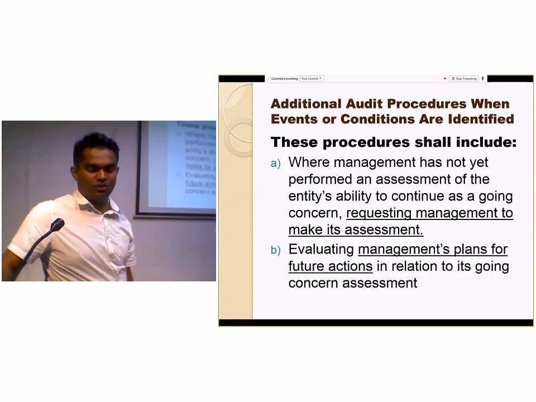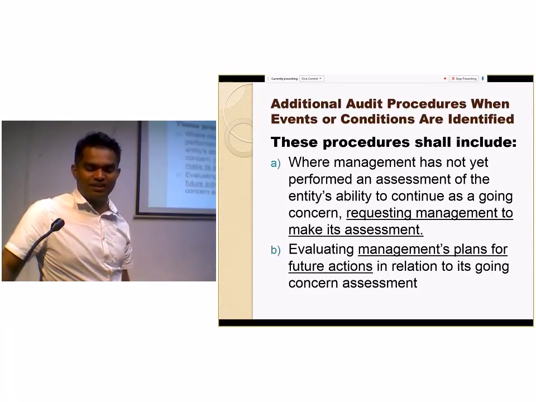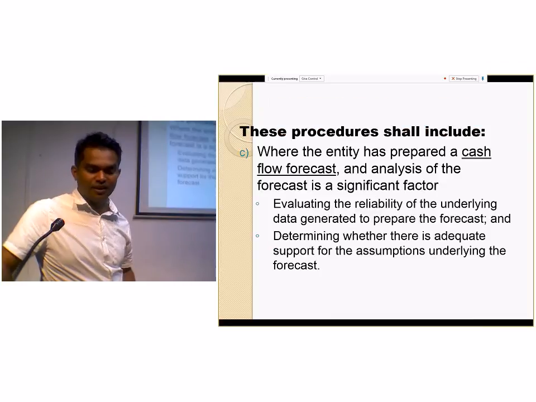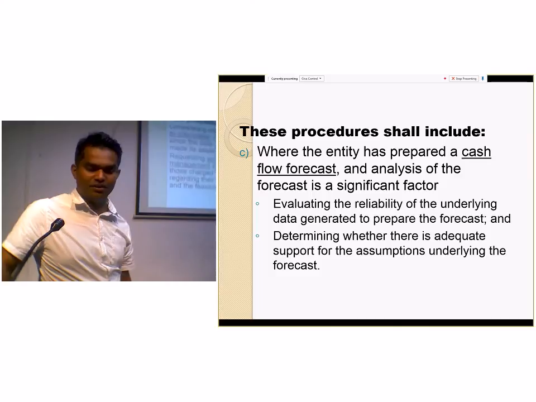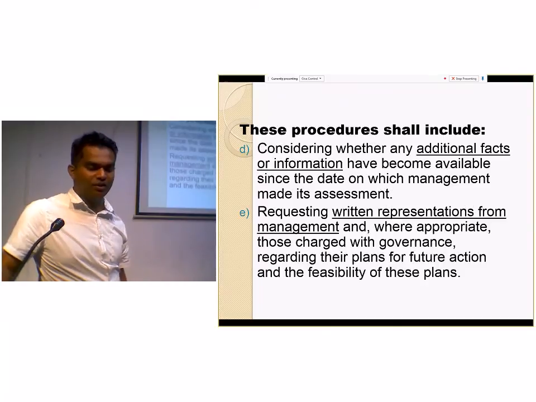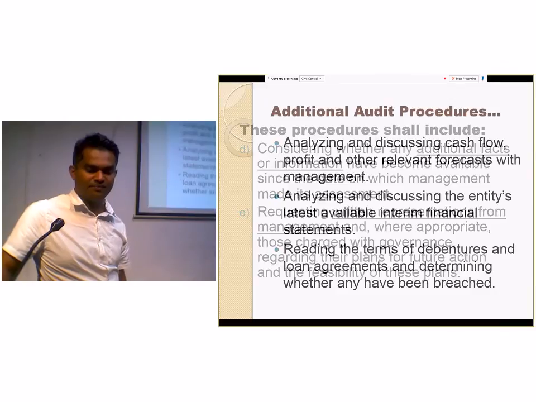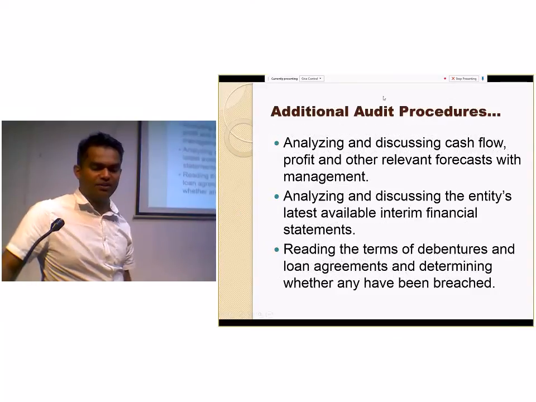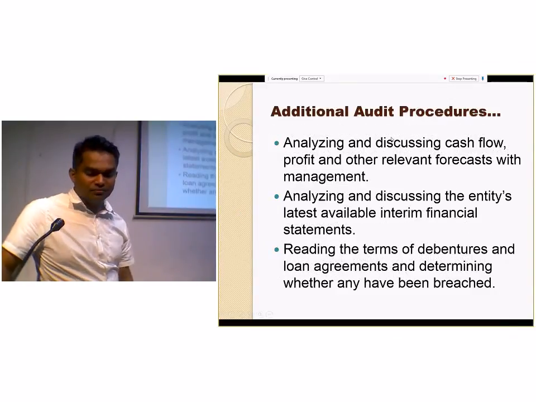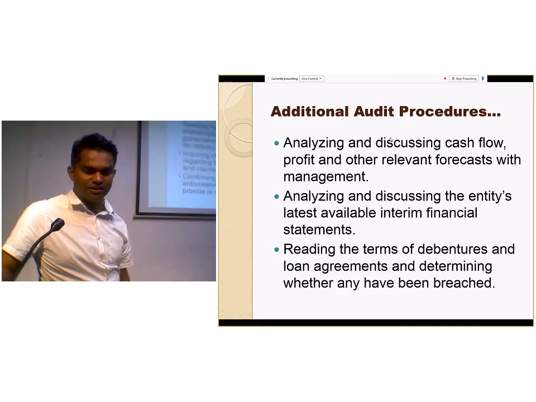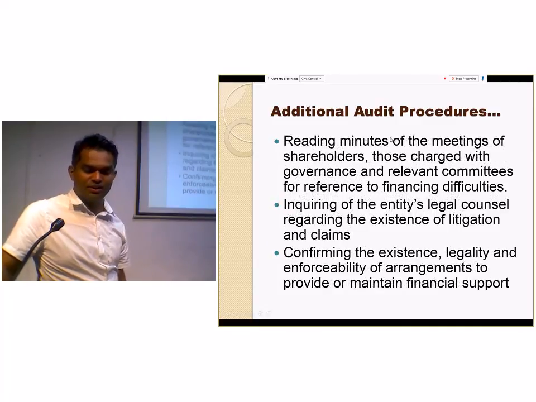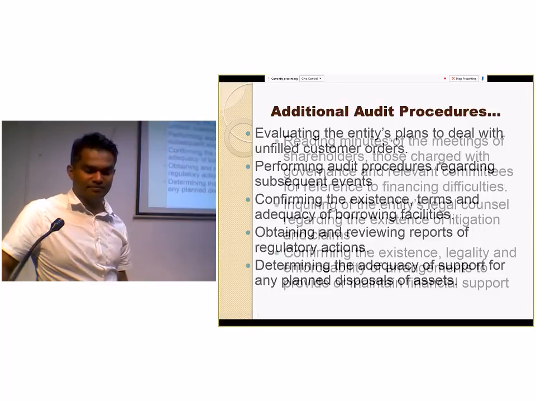You want to evaluate management's plan for future actions in relation to the going concern assessment: cash flow forecast, profitability forecast, or whatever documents you can look into regarding going concern. That type of additional audit procedures you can look into. We discussed those things already. Please go through this. This is everything I have discussed with you, nothing else.